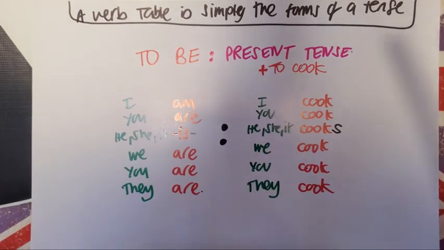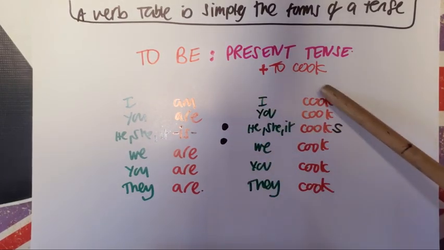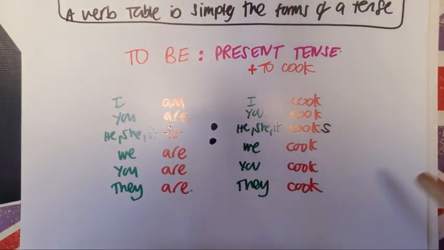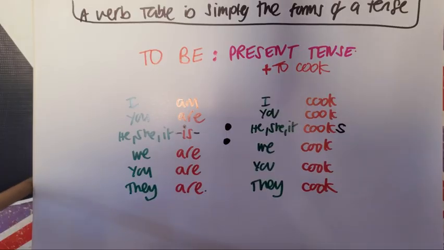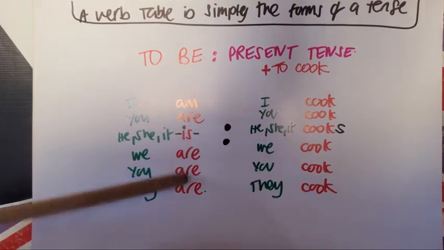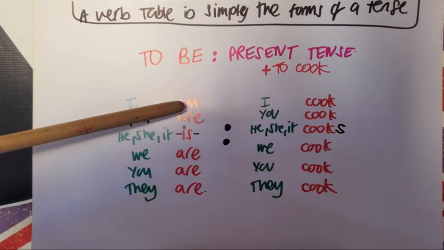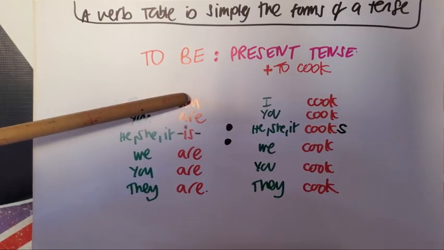Again, the present tense of the verb to cook: I cook, you cook. You say, well, so what? In terms of your Spanish language and approaching verbs, you're going to go, well, what is a verb table? Well, a verb table is just all these different variations. In English, with the verb to be, there's only am, one change, is, two changes.